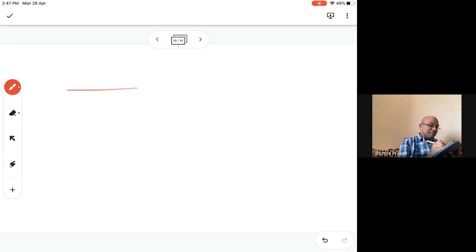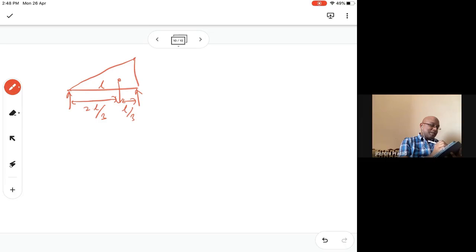If you have a load like this, the CG or the center of mass will be somewhere here, and then it has to be supported here and here. If the length from here to here is L, this will be 2L/3, and this will be L/3.